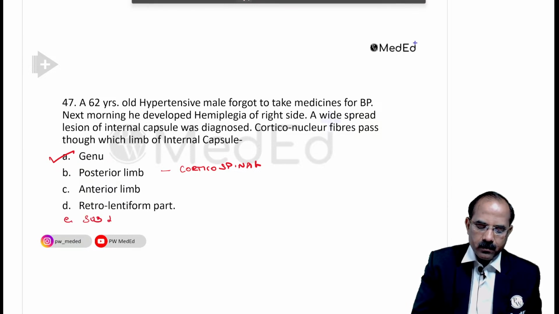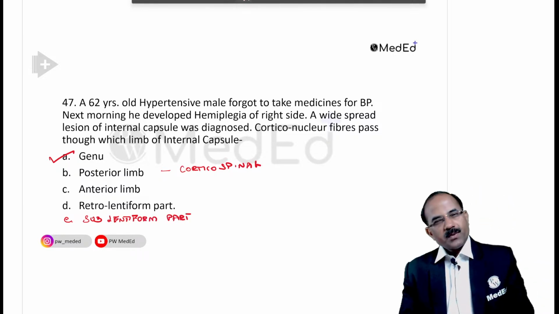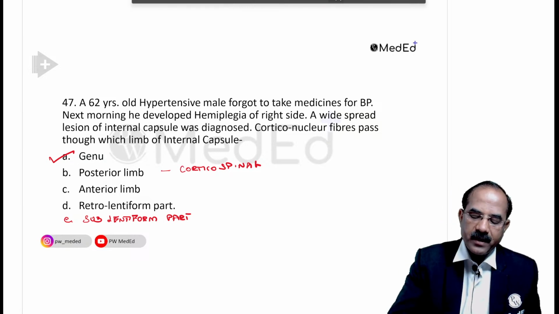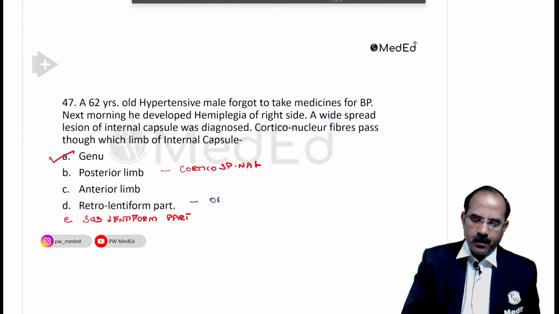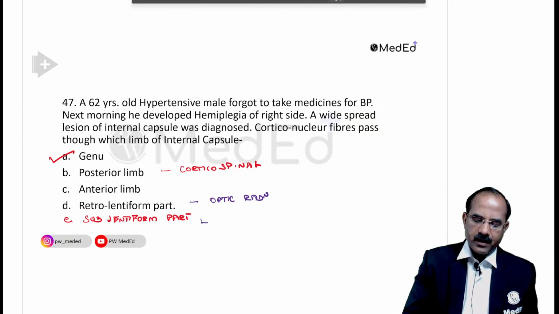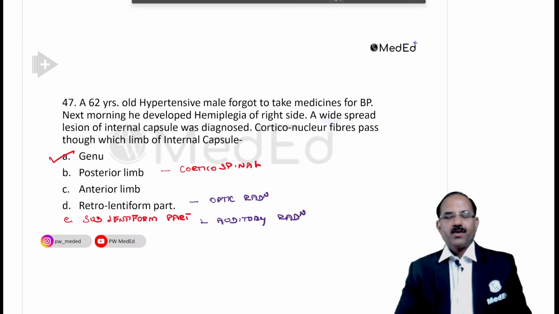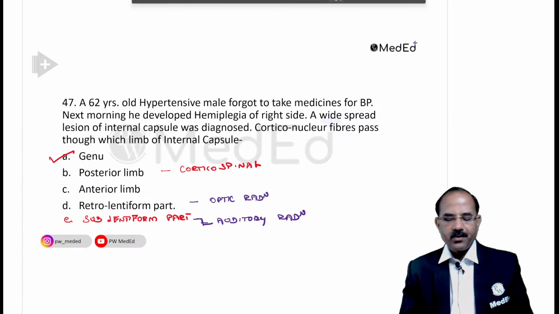Sublentiform, of the internal capsule. Okay, so the retrolentiform part. What passes through the retrolentiform part of the internal capsule? Anyone? That's the optic radiation. Optic radiation passes through the retrolentiform part, and the sublentiform part carries the auditory radiation.